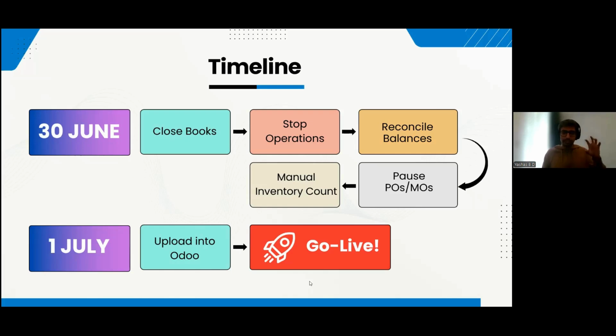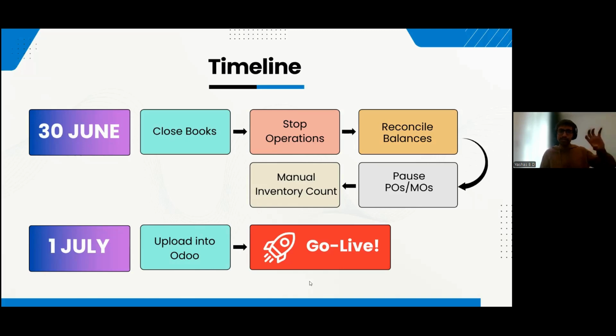So what we say is, we pause all the operations at least for half a day, depending on the size of the organization and the enterprise. We take the stock of all the inventory, put it in proper Excels, and the internal auditor or the internal accountant will sign it, saying that, okay, this physical quantity matches my books quantity also, with valuation. That is the most important part.